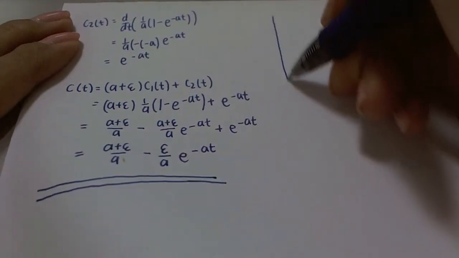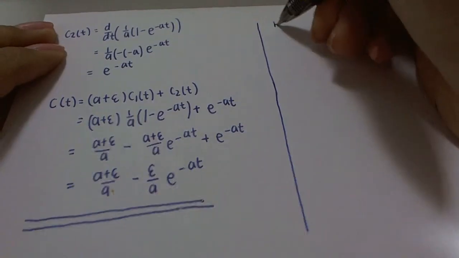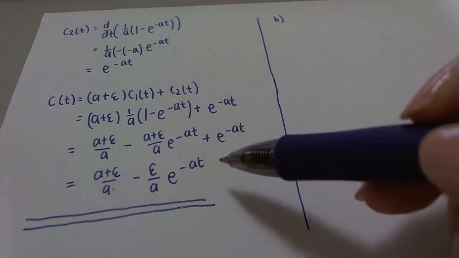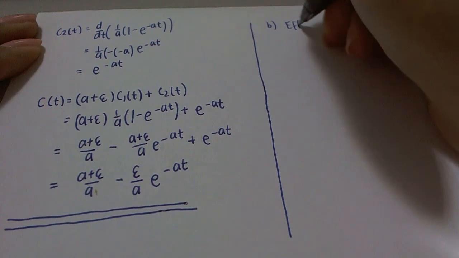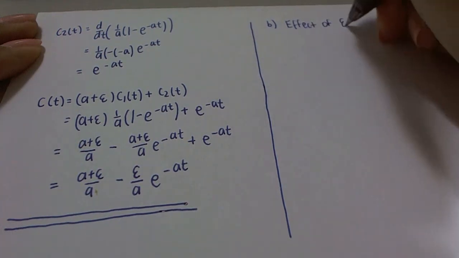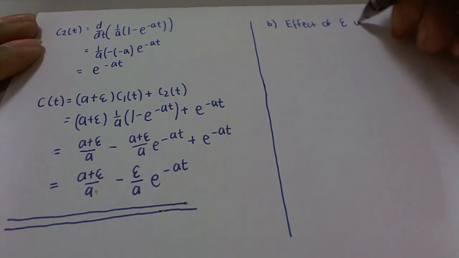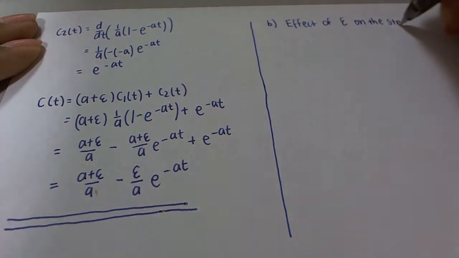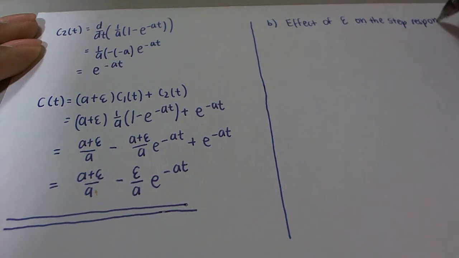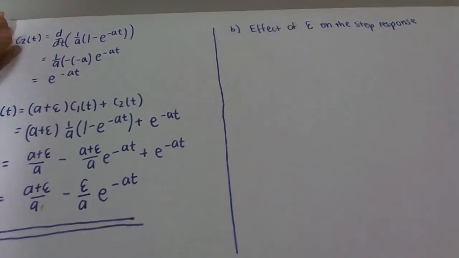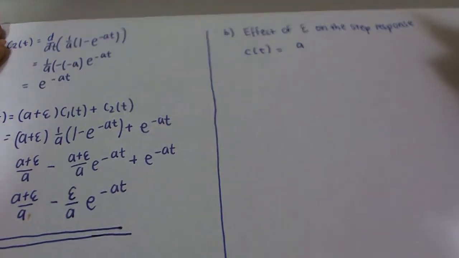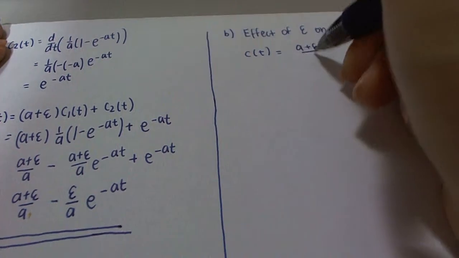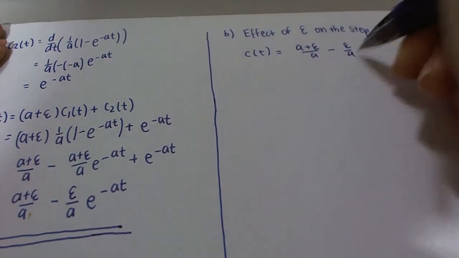And next, now that we have found the step response, we have to find the effect of epsilon on the step response. And we know that the step response is equal to, let me rewrite everything over here, (a plus epsilon) over a minus epsilon over a e to the minus at.